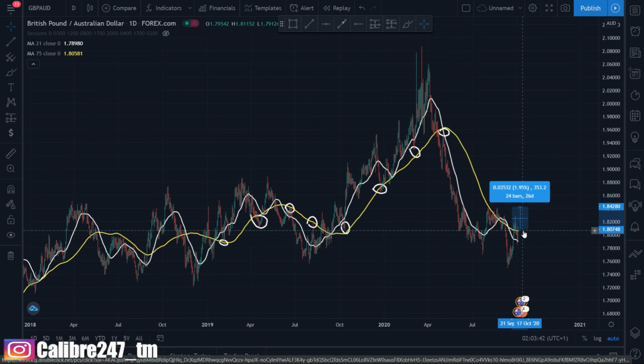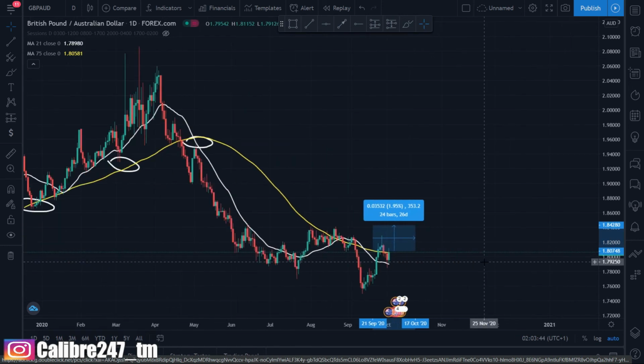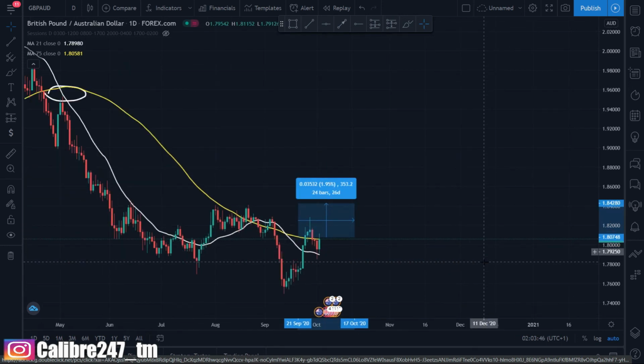Now, why the market pushed towards the upside, I can tell you it's because of this incident with the news last week of President Donald Trump testing positive for COVID-19 and stuff. The market just went crazy and did a whole lot of stuff that we were not really anticipating. However, the strategy is still valid.